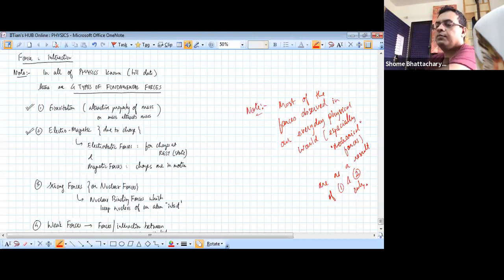At a fundamental particle-to-particle level, there are only these four types of interactions which are known.